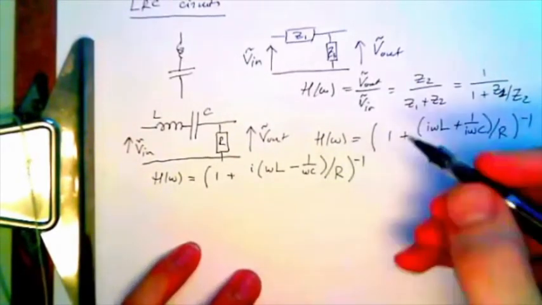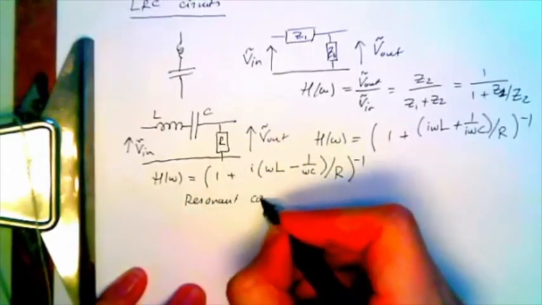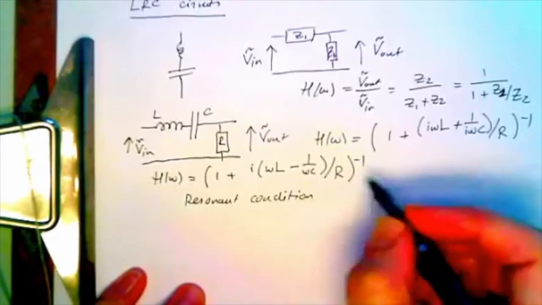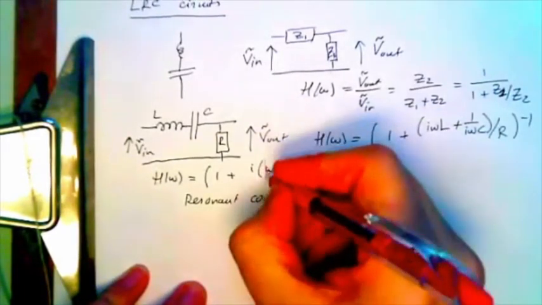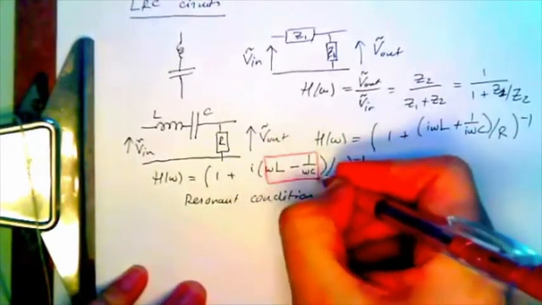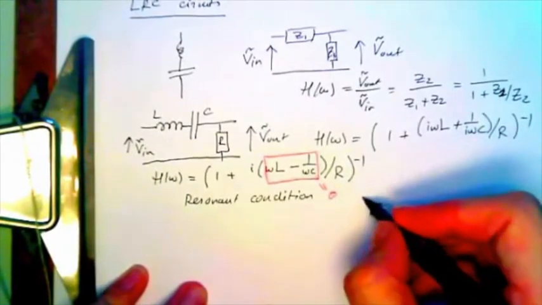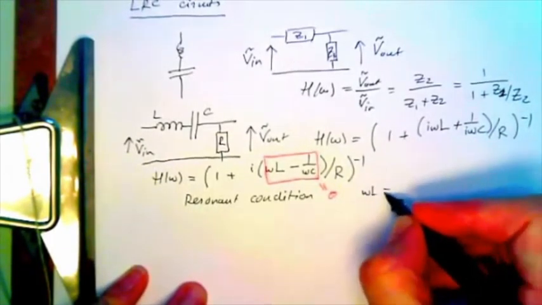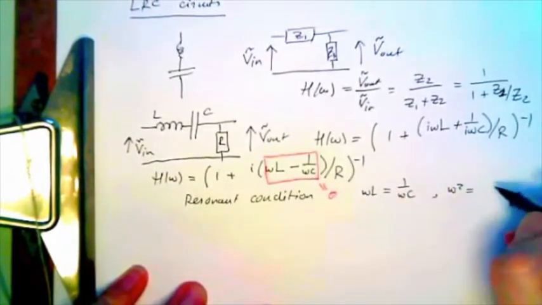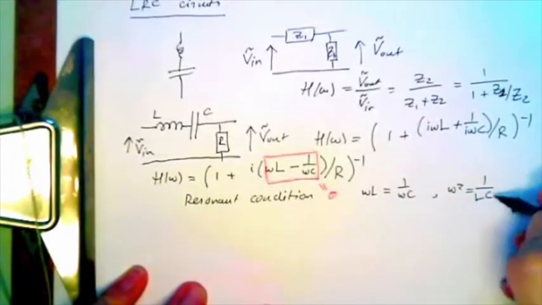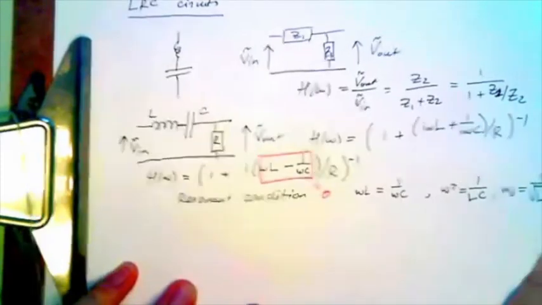So the resonant condition is still where this part is 0, and therefore omega L is 1 over omega C, or omega squared is 1 over LC, or omega is 1 over root LC.